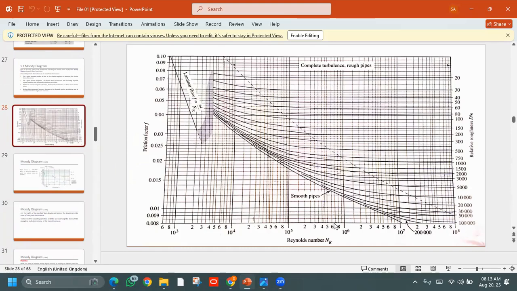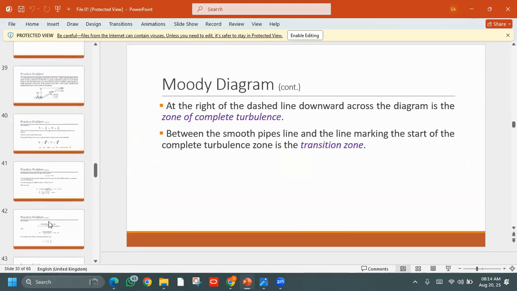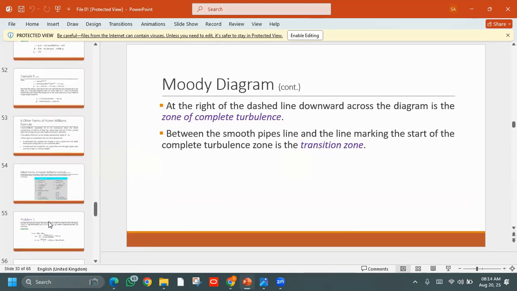So just before this line, we have the value of Reynolds number. Let's extend this line and check the point where the relative roughness D over E meets it, and then extend these lines in this direction of friction factor. That's how you calculate the value of friction factor by using the Moody diagram.